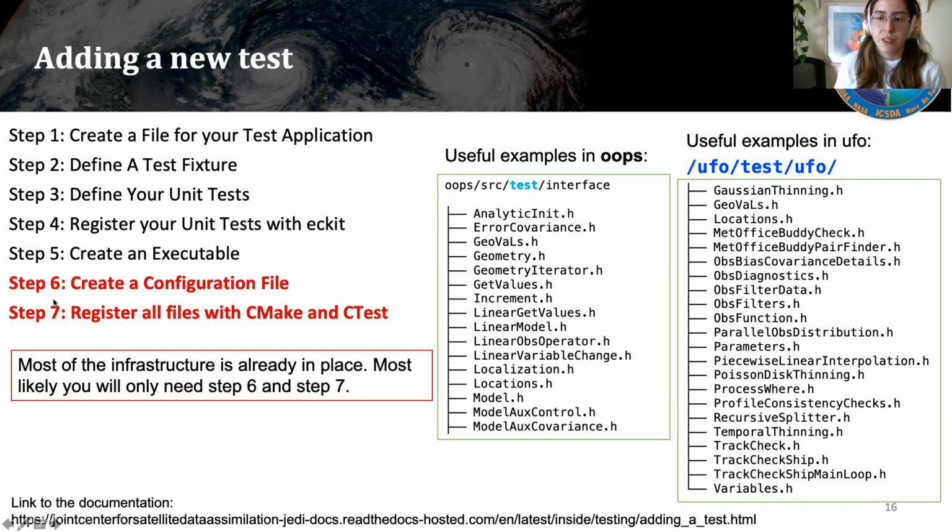Usually it's steps 6 and 7 that you need to take: creating a new configuration YAML file for your test, and registering that with CMake and CTest in the CMakeLists. And here I put references to useful examples that you can take a look at if you want to write a new test. You can look at the header files and try to follow that for adding a new test.